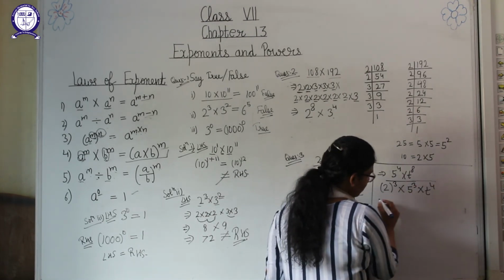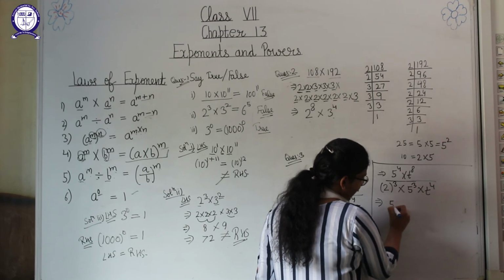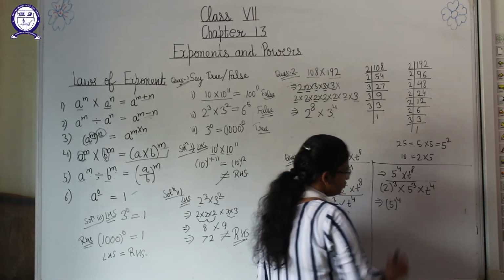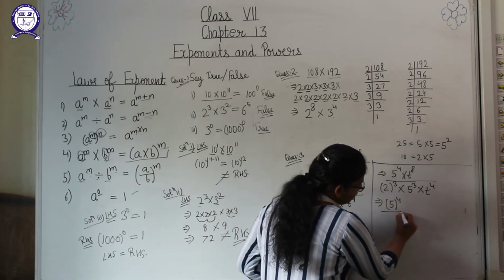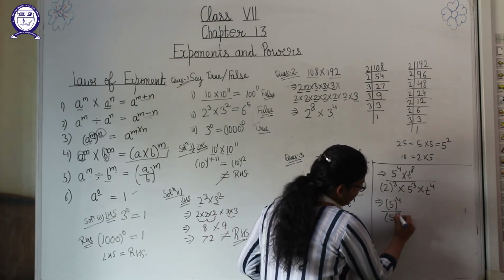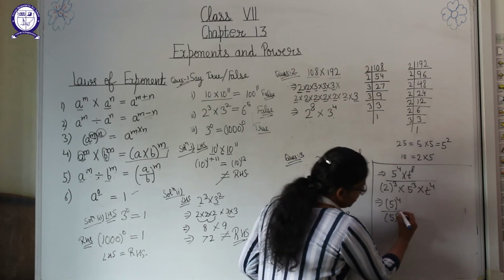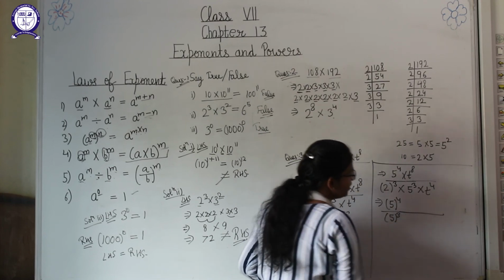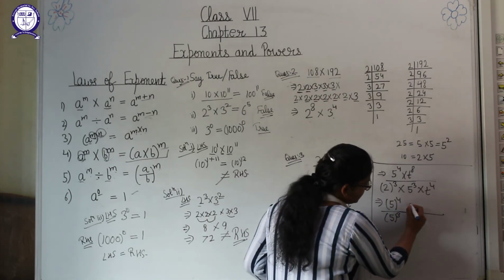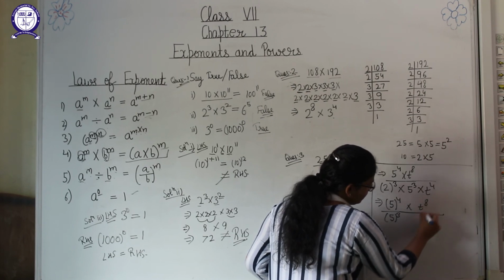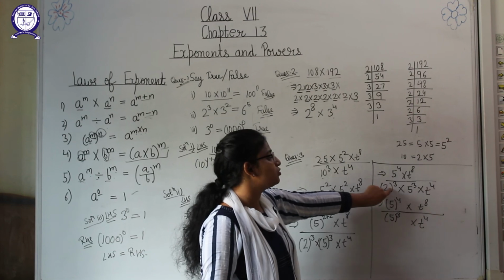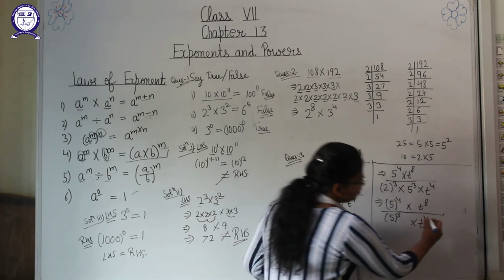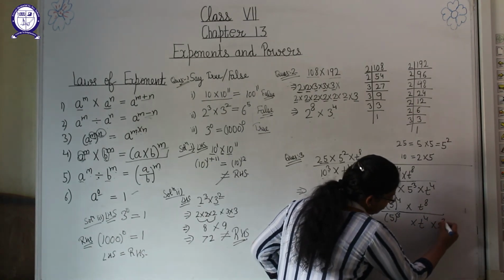So 5 raised to the power 4 it is, and as it is in multiplication, we will combine them. I am taking this 5 raised to the power 3 to this side. Now this is t raised to the power 8, we will write t raised to the power 4 here. And as 2 cube is here, we will write it here, 2 raised to the power 3.